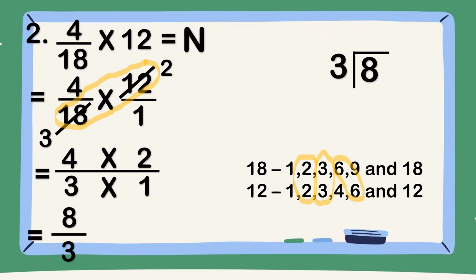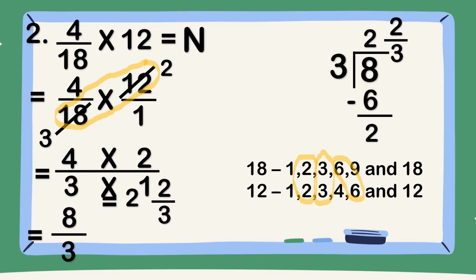Okay, 8 divided by 3 is equal to 2. 2 times 3 is equal to 6. And 8 minus 6 is equal to 2. So our answer here, children, is 2 as the whole number, and the numerator is the remainder, which is 2, and the denominator is 3. So our answer is 2 and 2 thirds.